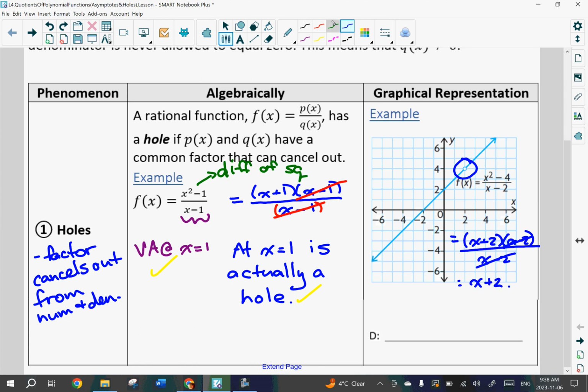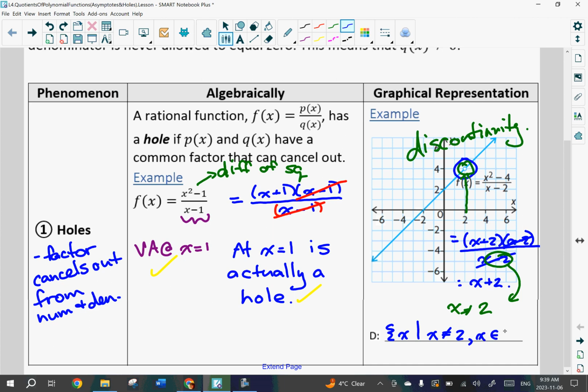But because this is where the restriction is, x can't be positive 2, and we see that on the graph up here with an open point of discontinuity. Okay, so our domain would be x such that x cannot be 2, x is a set of the real numbers.